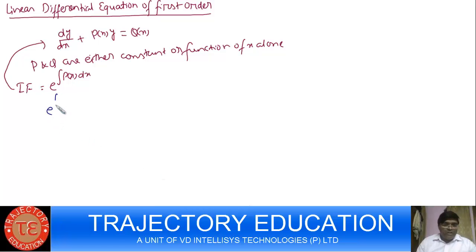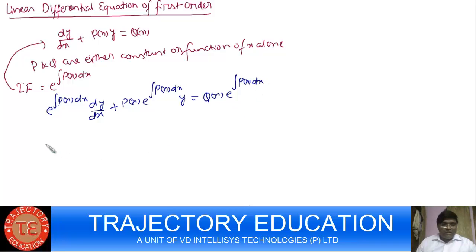Like if I multiply it with, say I write it as e to the power integral P dx, this integrating factor when multiplied throughout the equation will make the differential equation integrable.